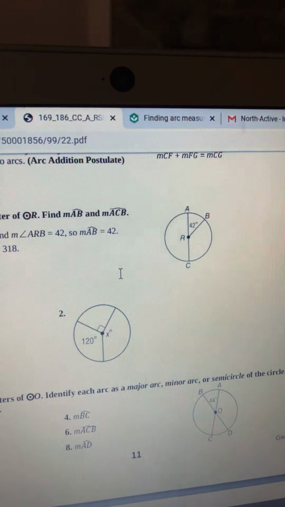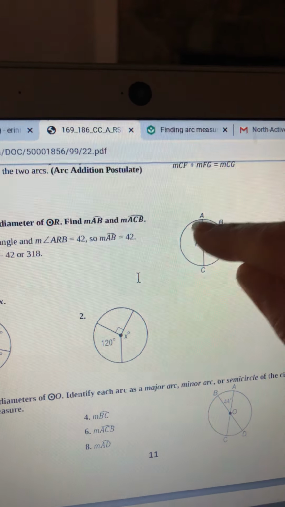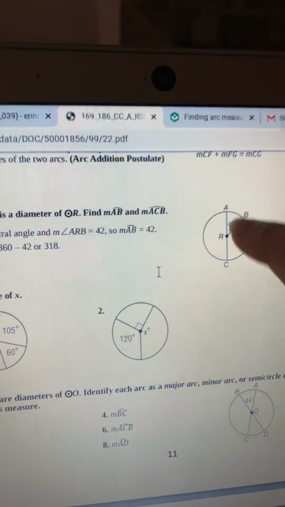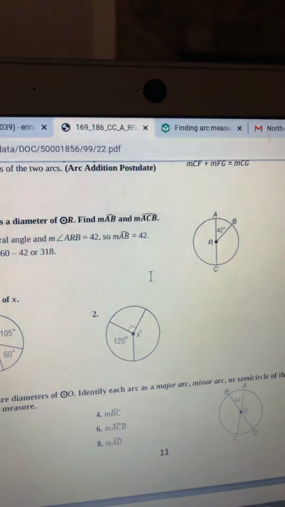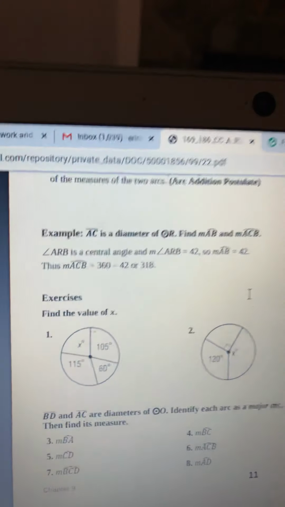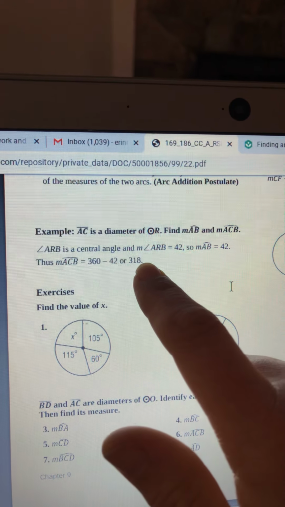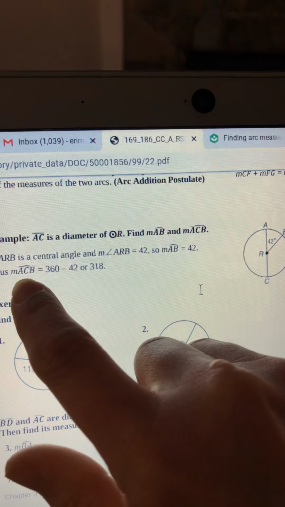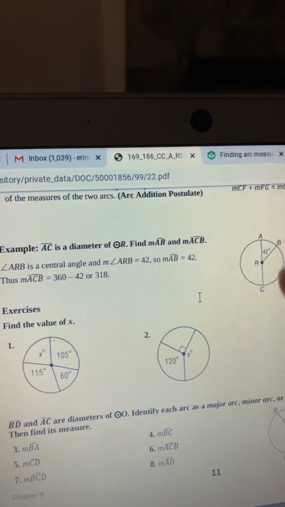If the piece I ate is 42 degrees and the whole pizza, as a circle, is 360, you're just going to subtract that 42 to figure out what the measure of that major arc is. So 360 minus 42 is 318. And because you don't need to use degrees for your arc, you would just keep it as 318. So you would say major arc ACB is 318.